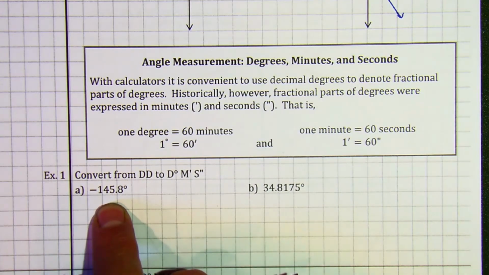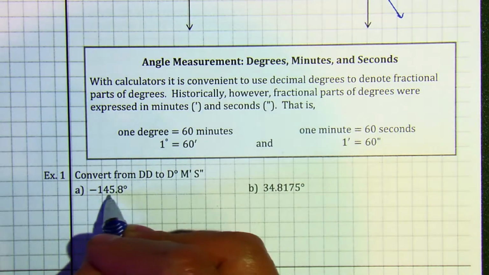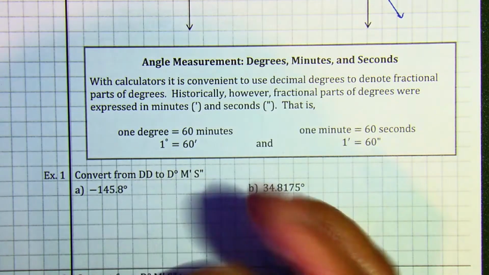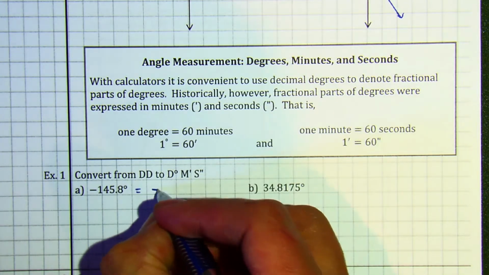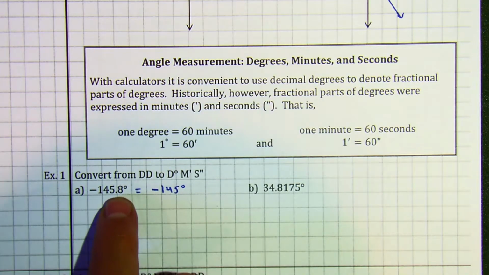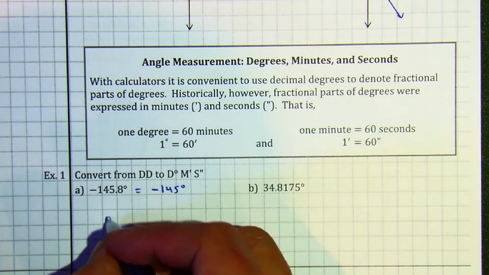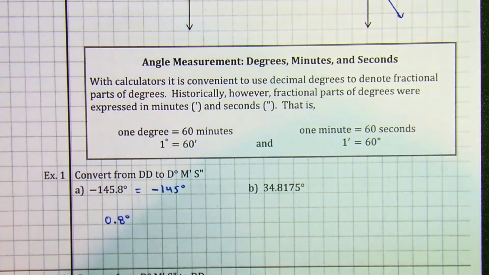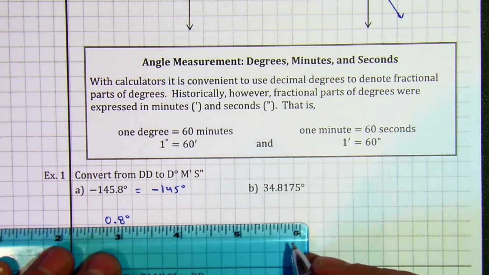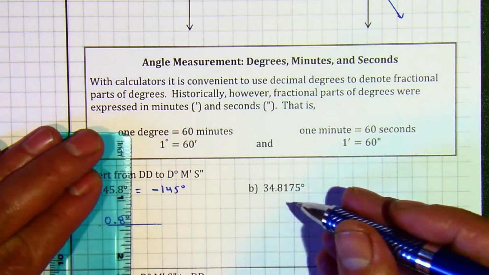I have negative 145.8 degrees, and I need to convert it into minutes and seconds. Well, I know that the whole part is in degrees, so therefore this will be equal to negative 145 degrees. I need to find out the decimal part of 0.8, how many minutes and how many seconds. So I'm going to grab the 0.8 degrees, only the decimal part, and I'm going to convert it into minutes first.